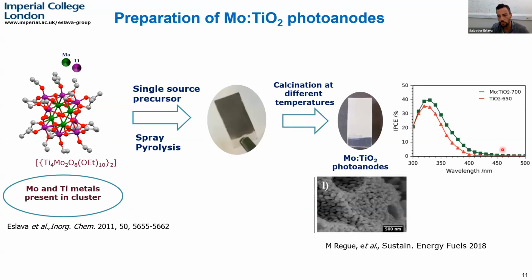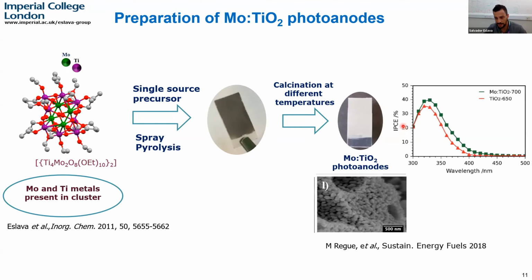We also tried to extend the absorption to the visible range. And for that, we used these clusters, where we have molybdenum and titanium oxocores. Following a spray pyrolysis, we achieved these films that upon calcination had, you cannot see it very well in the pictures, but they are a bit more glimmer.